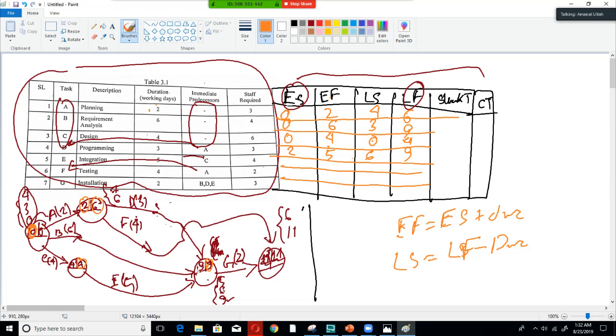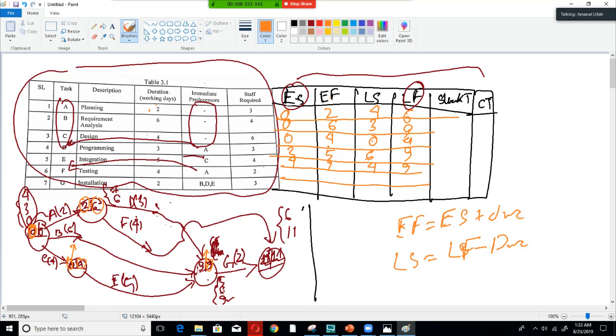For E the EF will be this value over here, 4, and for LS it will be this 9, so the duration is 5, so 4 plus 5 equals 9 and 9 minus 5 equals 4.